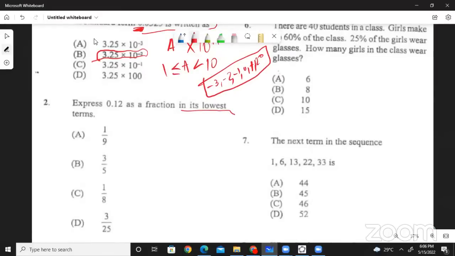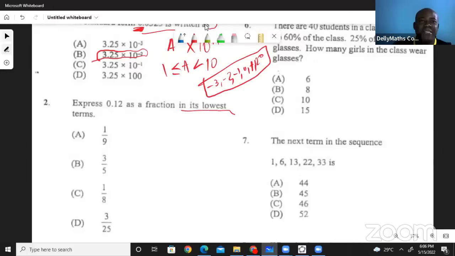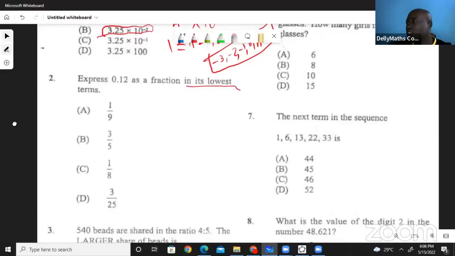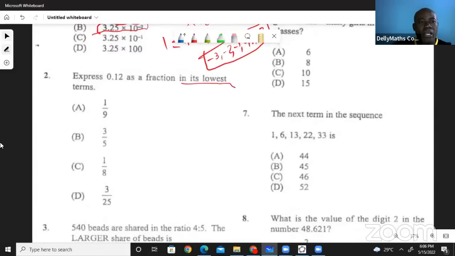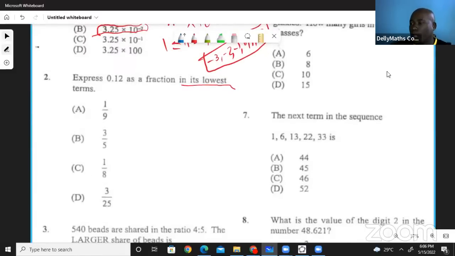Remember, I'm expecting you to type on YouTube, not in the Zoom chat, because we are live. So that's where you type your comment. All right, good. Renee, I see you put D. Somebody put 3/25 and stuff like that. So you type your comments on Facebook, on YouTube. All right, good. So let me work out this one quickly for us.